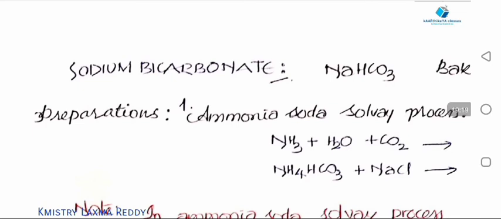So remember, methyl orange gives a yellow colored solution with both sodium carbonate and sodium bicarbonate, but phenolphthalein gives a pink colored solution only with sodium carbonate. So to distinguish these two, phenolphthalein should be used, not methyl orange. Okay, this is one point.